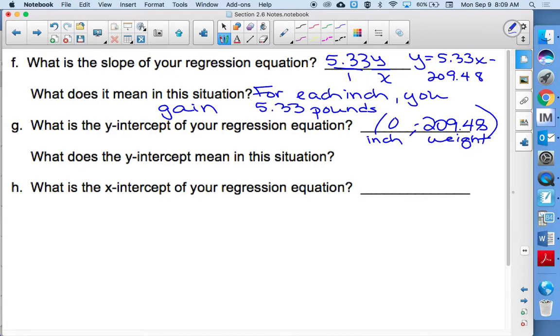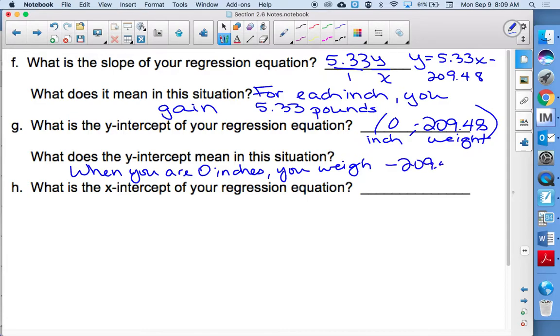The negative 209.48 represents the pounds. So technically, this is saying exactly as he said: when you are 0 inches tall, you weigh negative 209.48 pounds.